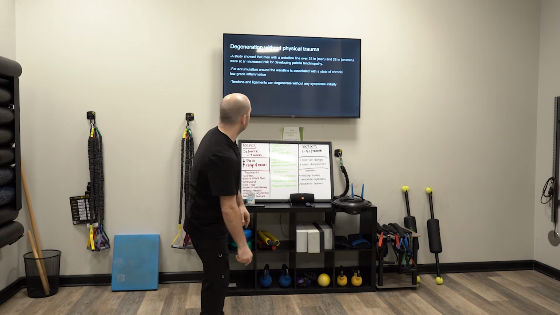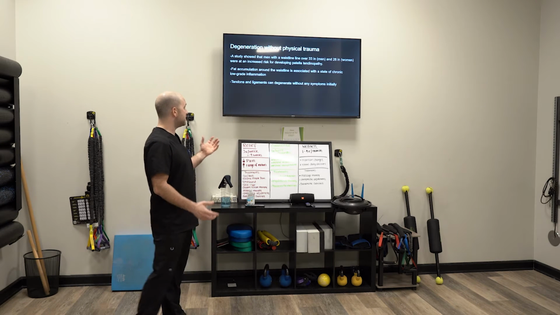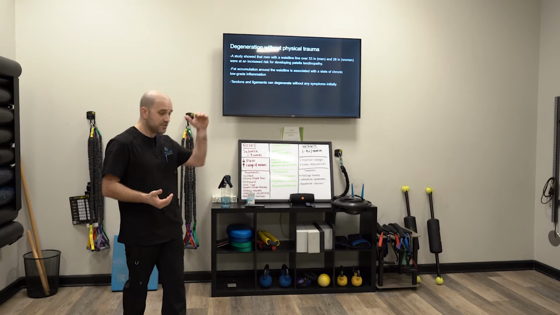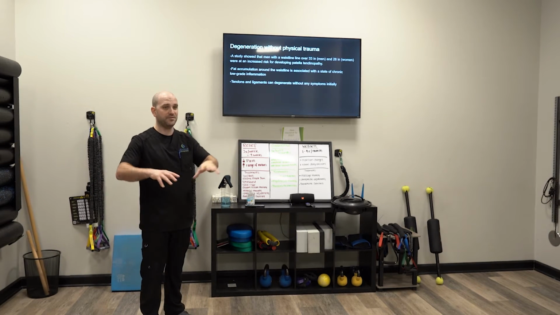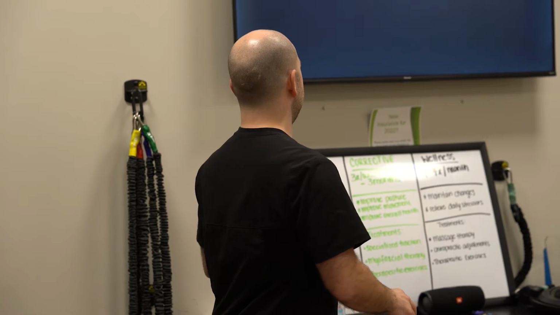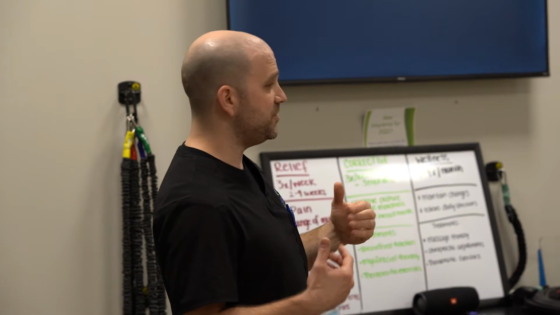Basically this fat accumulation is associated with a higher level of chronic, low-level inflammatory responses. So tendons and ligaments can degenerate because of these low-level systemic inflammatory responses. Your tissues, your tendons, your ligaments can all start to wear down without any kind of physical trauma. That's kind of wild, right?